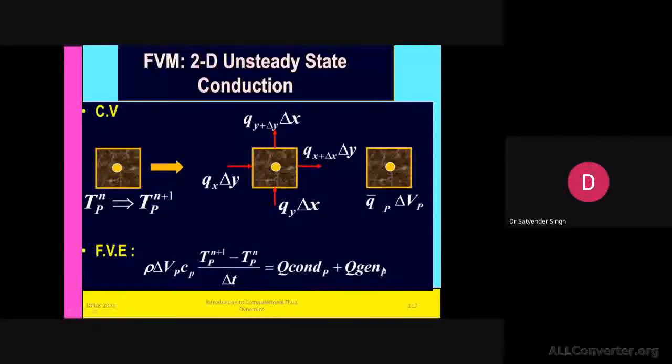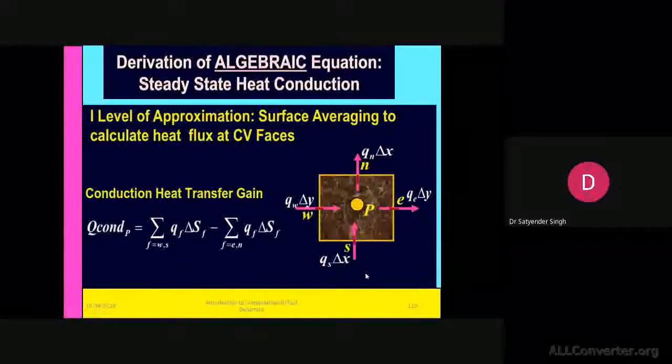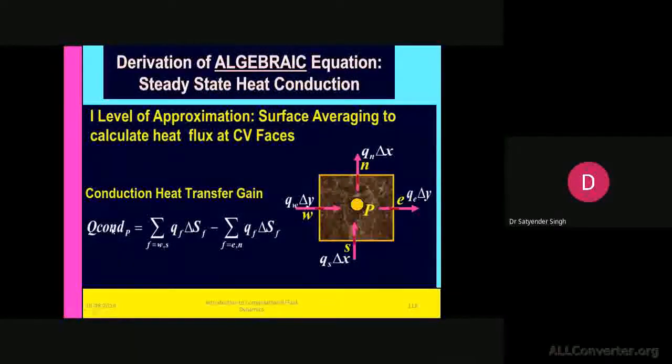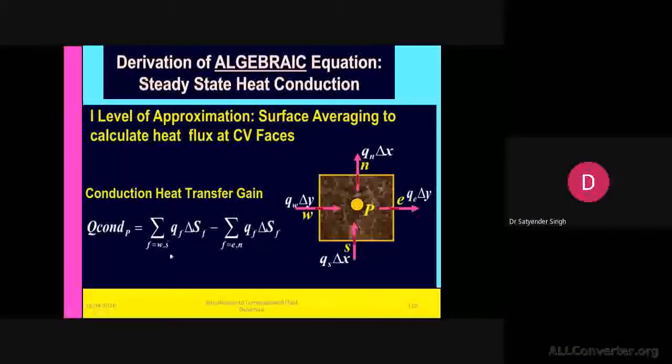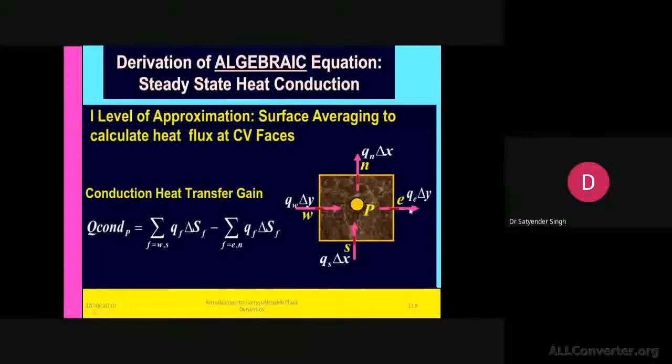We can also write this equation in this form, where we have applied the forward difference method for the temporal term, and we are simply writing Q conduction and Q generation, where Q conduction is the heat gain due to conduction. The heat gain due to conduction we can calculate as the flux coming out from this phase minus the flux entering at this phase.